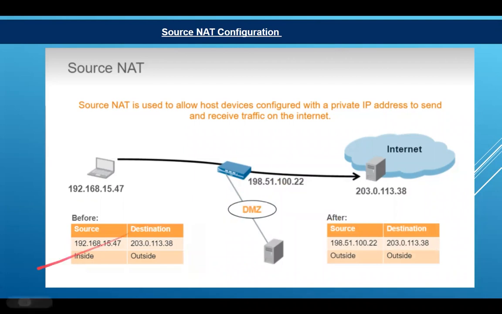After this, what happened, guys? See, our 192 source is changed to this IP address, 198.51.100.22. The destination is the same, only our source is changed here, right? We change only our source.